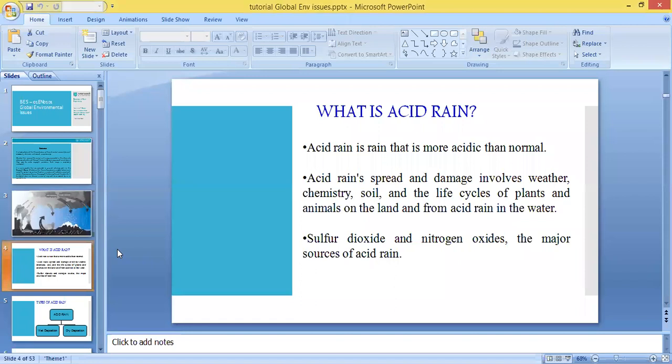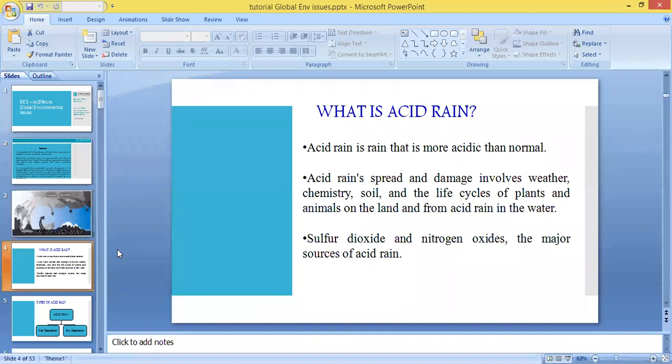Acid rain is the rain that is more acidic than normal. It is more acidic in nature due to the presence of certain components. Acid rain's spread and damage involves weather, chemistry, soil, and the life cycles of plants and animals on the land, and from acid rain in the water.